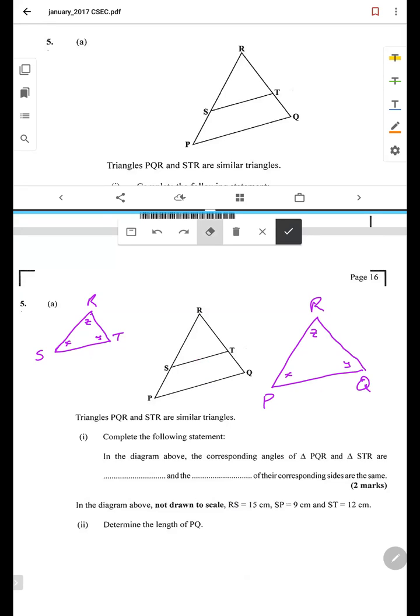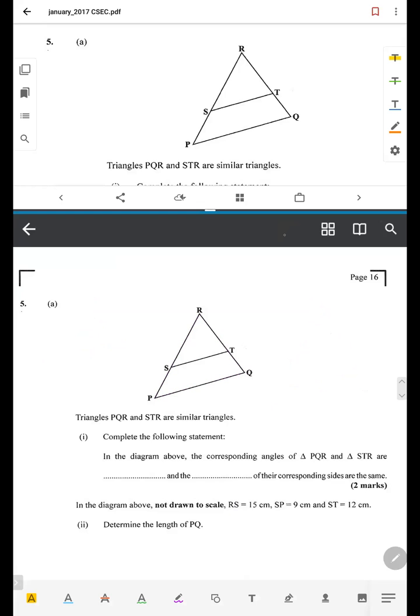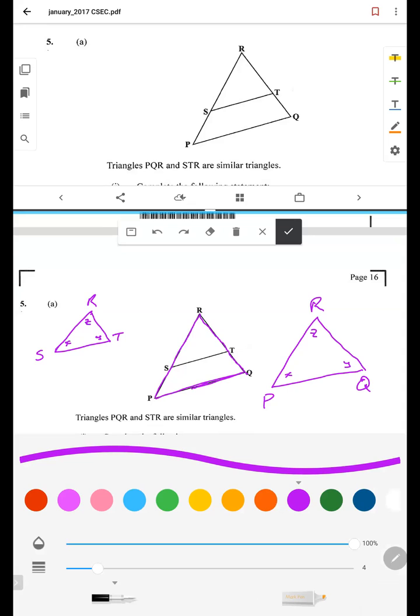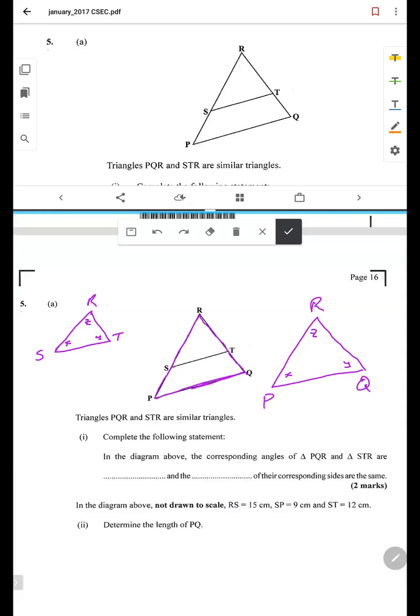All right, so let me draw them in two different colors so we can see what we're working with. Let me draw the outer one in purple. And I'm going to use a different color for the other one. The other one is going to basically be this one now. Let's draw it on the inside here.